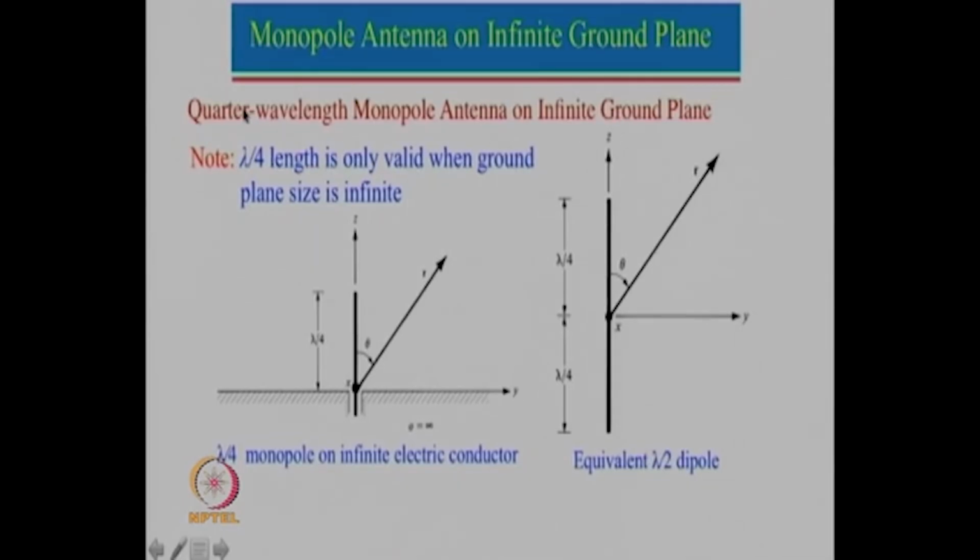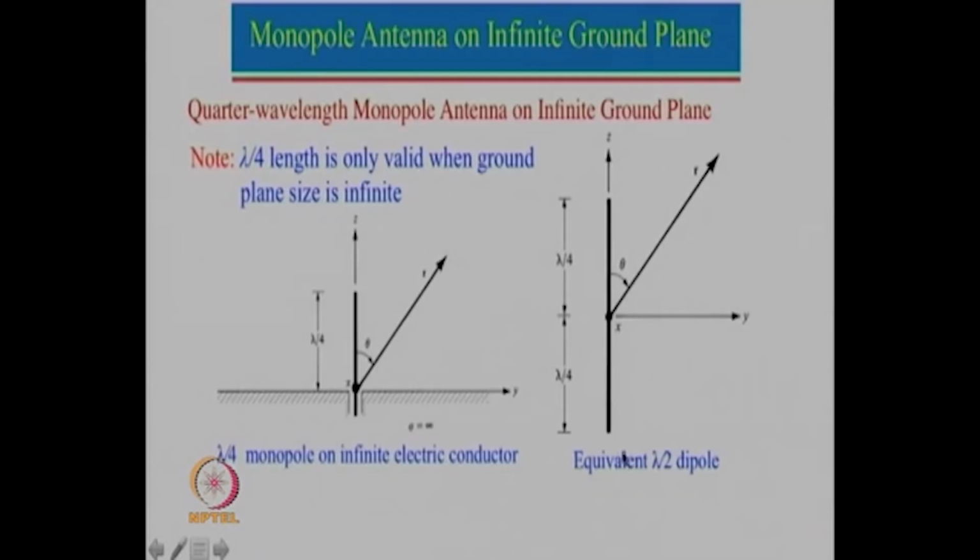Generally speaking, for a normal dipole antenna we take a lambda by 2 length. So for a monopole it will be quarter wavelength, and I want to emphasize that lambda by 4 length is only valid when the ground plane size is infinite. A finite ground plane length is never equal to lambda by 4, but in general it is slightly more than lambda by 4.